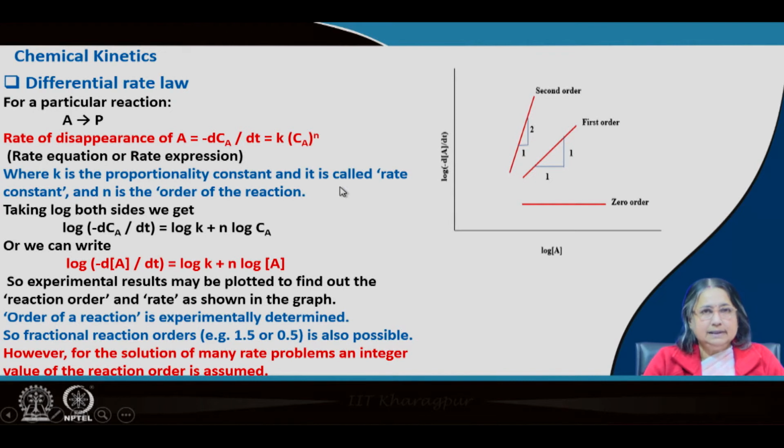This is something like the equilibrium constant, which does not depend on the concentration, as we have already learned. This also does not depend on the concentration. It depends on the temperature, but not on the concentration. And depending on the order of the reaction, the unit of K will change, but the unit of rate is the same.